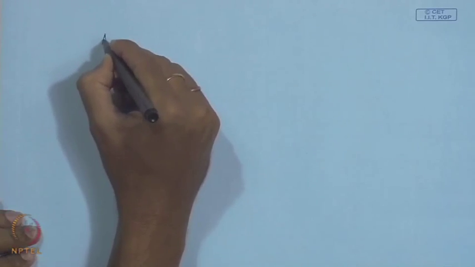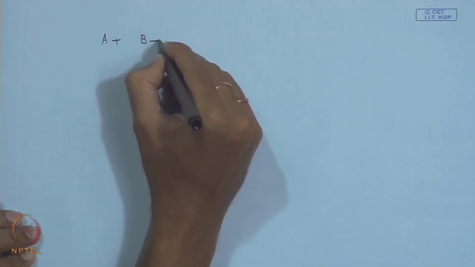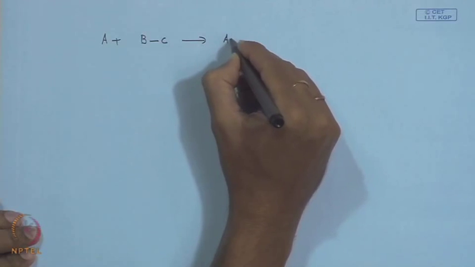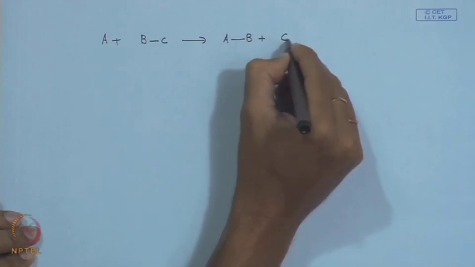If the collision is not elastic, energy may be transferred to some other degrees of freedom, or in some other way, maybe in the form of heat. Now, consider a reaction like A plus BC giving rise to AB plus C.